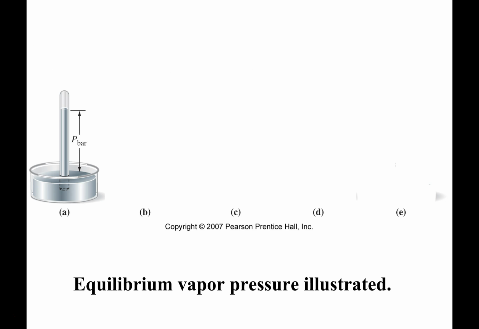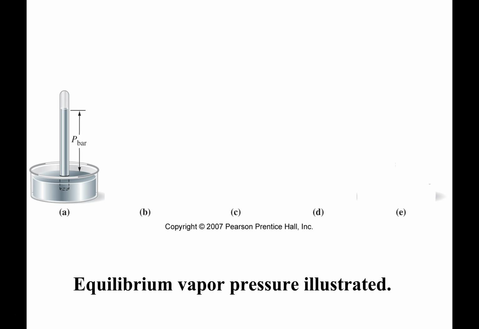So C is equilibrium. Now, I'm pretty sure this one's right. This has liquid mercury, the silver or the gray is the liquid mercury. I'm pretty sure in Unit 5 in Chem 1, we talked about gases, and we talked about the mercury barometer. So this is kind of the way a mercury barometer works.